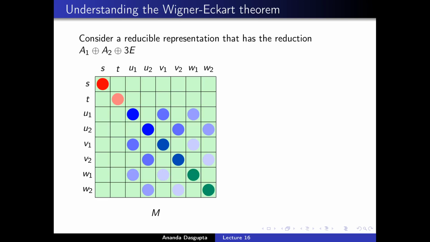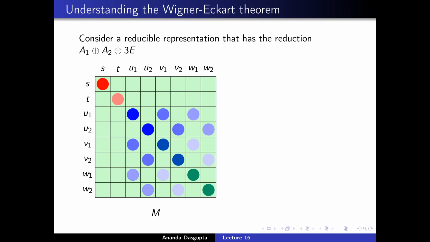Now let me stress one thing. The values of these non-zero elements would be guided by the reduced matrix elements that you have. Now it might so happen that the reduced matrix element is zero for some other reason. So when I say that these are the non-zero elements, what I really mean is that these are the only elements in the matrix which can be non-zero. All the others have to be zero.